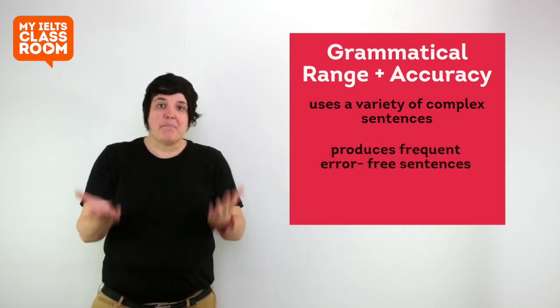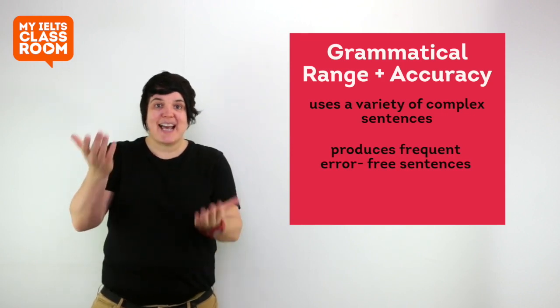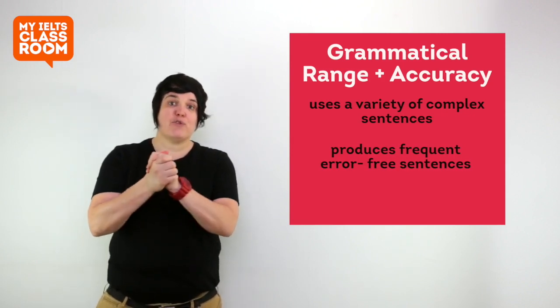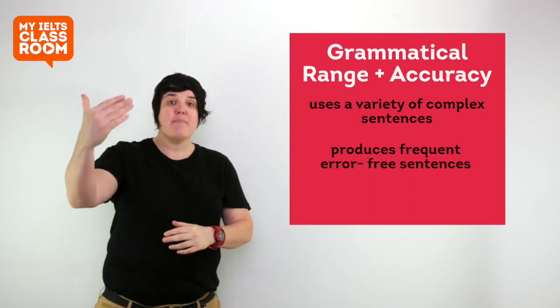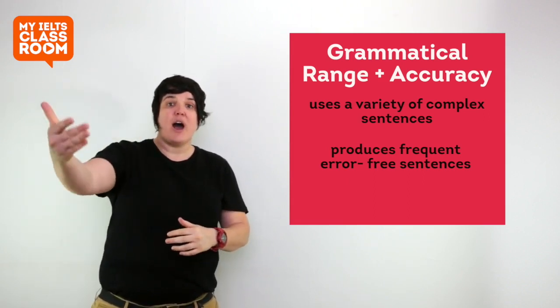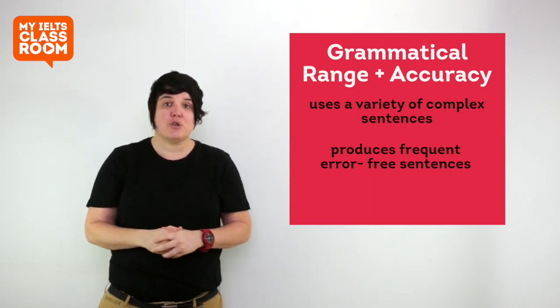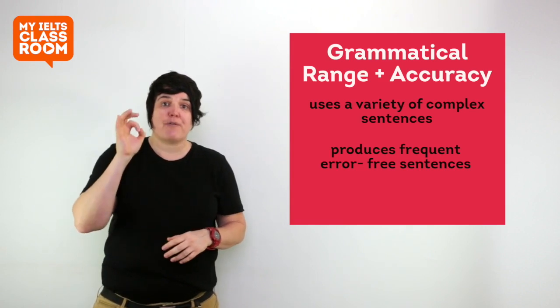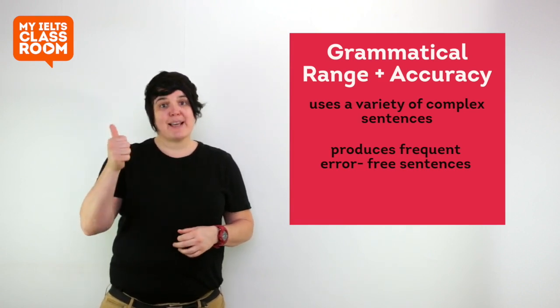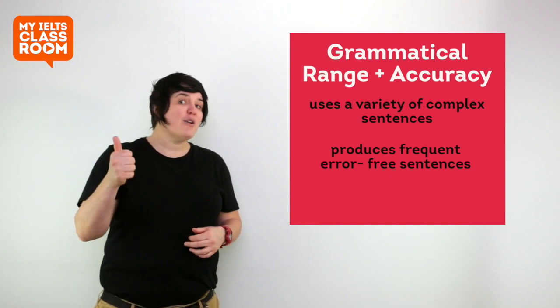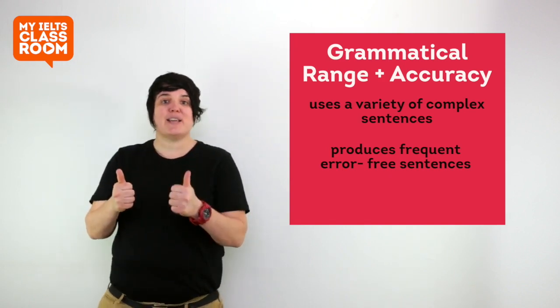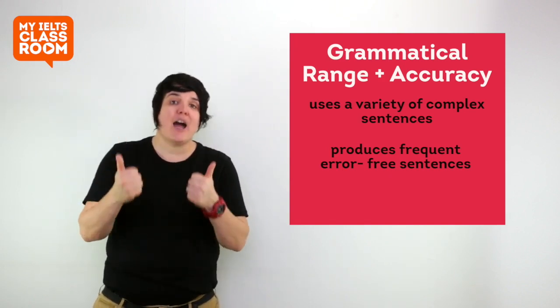Again, though, we need a balance between complex and accurate, because if you are looking for a high mark, a 7, an 8 and a 9, you will need to produce sentences which are error-free. So although complex is good, if you can't write complex without mistakes, you won't receive the highest of marks.